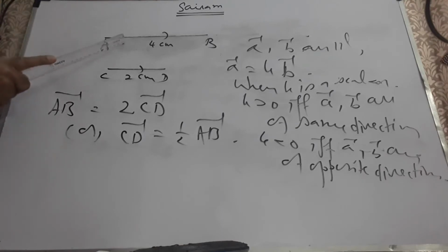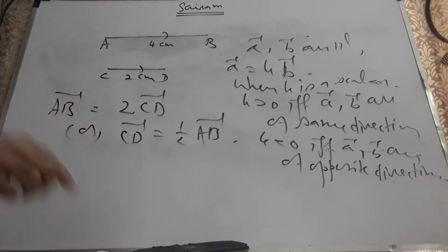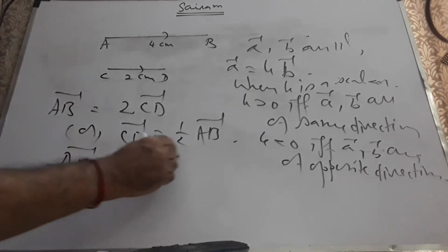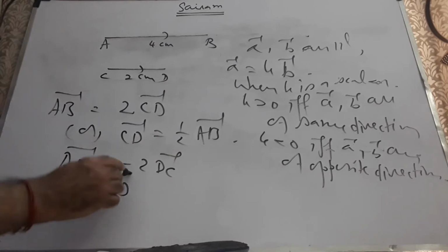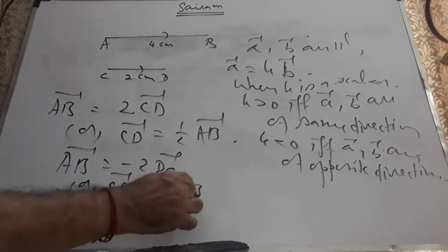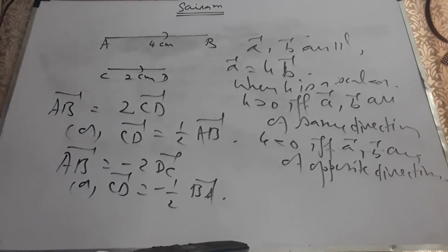I am able to observe carefully that AB vector can be written as twice CD vector, or CD vector as half of AB vector, or you can even write AB vector as minus 2 of DC vector, or CD vector as minus half of BA vector. Either way you can write. Here the constant is positive because they are in the same direction. Here the constant is negative because they are in opposite directions. AB and DC are opposite directions. CD and BA are opposite directions.